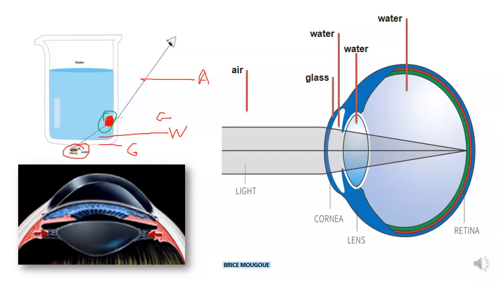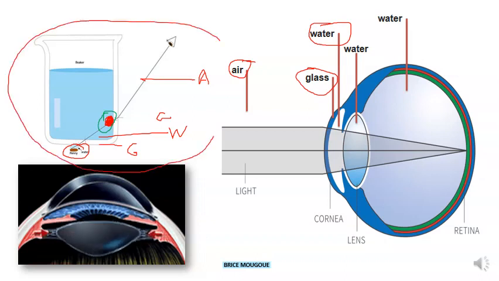Today we've unlocked that mystery. We now know that the bending of that light is as a result of refraction. Why? Because light is traveling through different media. Hence, it will bend, as we saw in all the diagrams that we've been having.